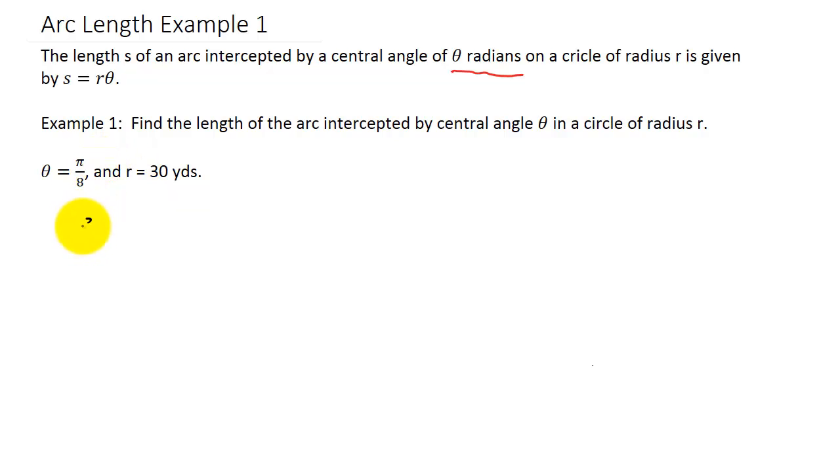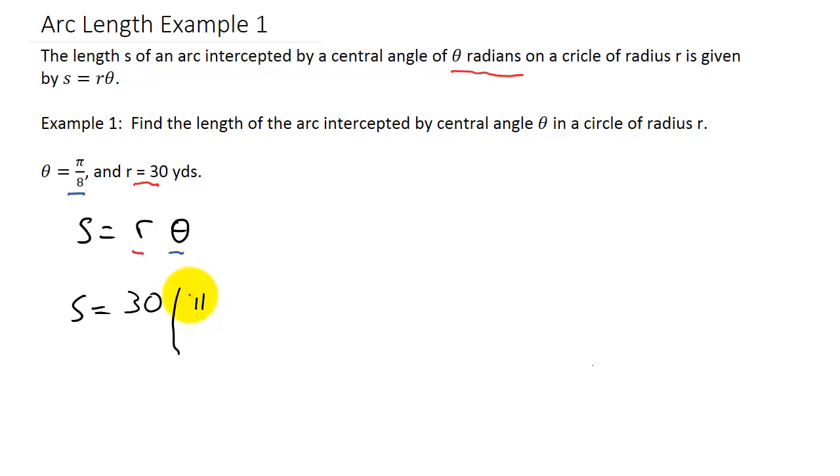So we know that the arc length is equal to the radius times the angle. So all we have to do now is we'll plug 30 in for r and we'll plug pi over 8 in for theta.